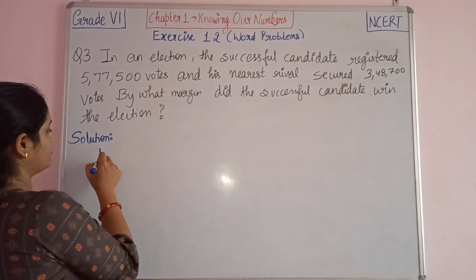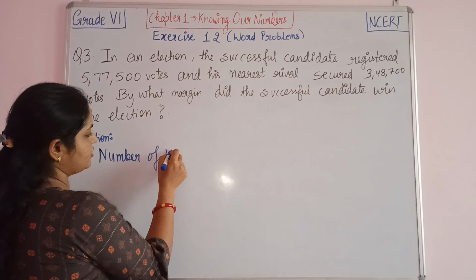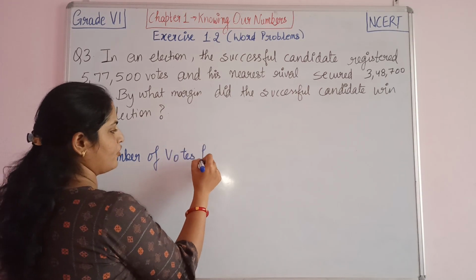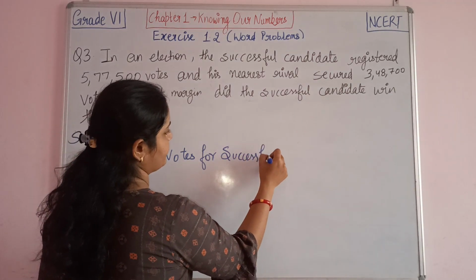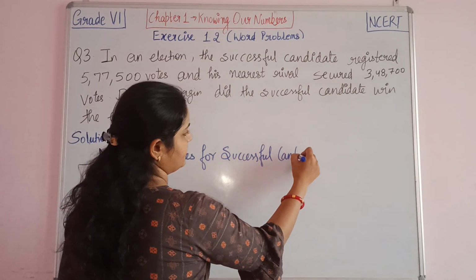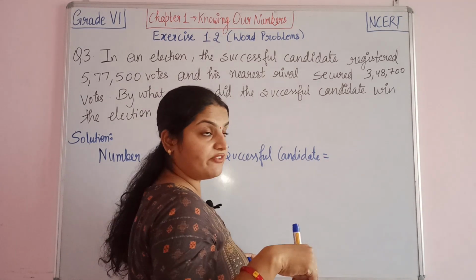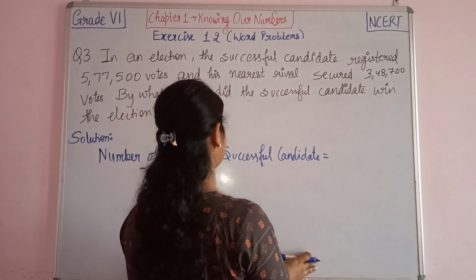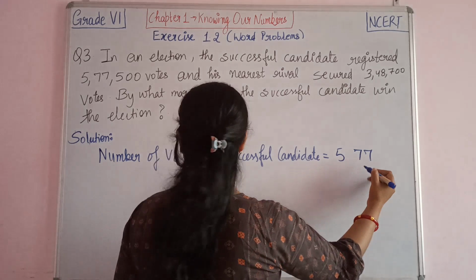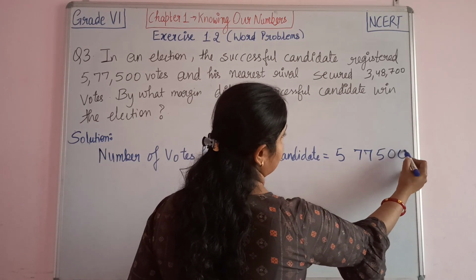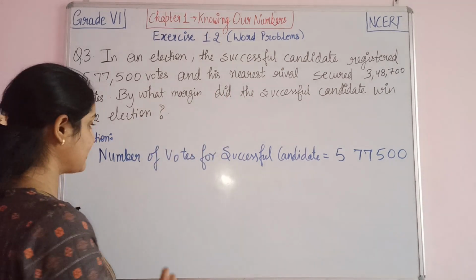Okay, so number of votes for successful candidate is 5 lakh. Number of votes for successful candidate is 5,77,500.